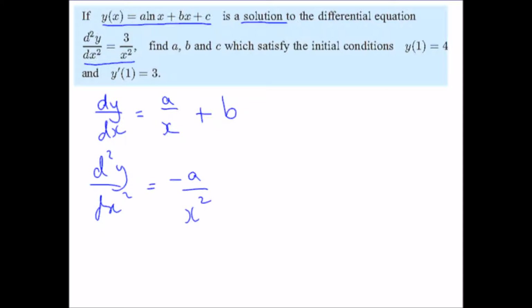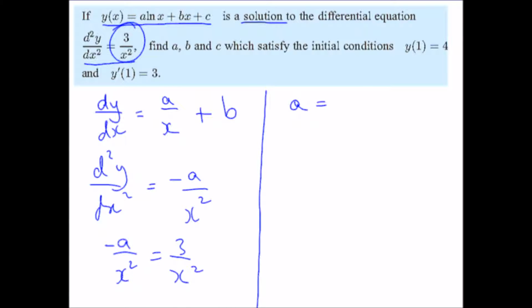So now we can equate terms. So I know that minus a on x squared must equal the value of 3 on x squared. So therefore a must equal -3. Now we haven't used this information nor this information here. So let's see if that will help us work out the value of b and c.